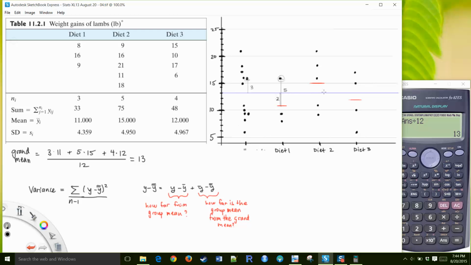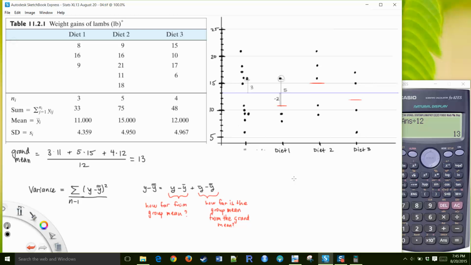Okay, so let me get rid of this over here. I'm going to create a table. We call this the source, being the source of the variation.